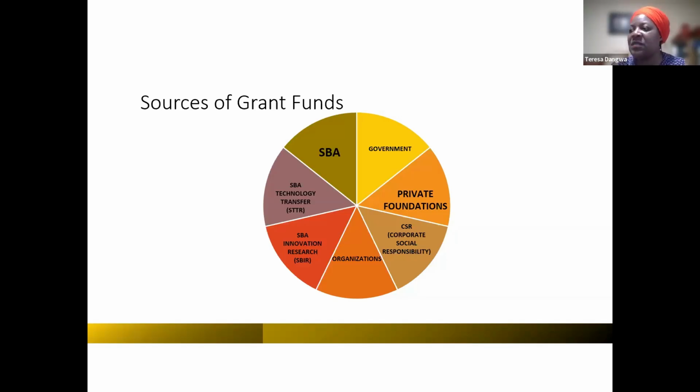And then corporate social responsibility funders are usually companies that are within your community. Either they are serving in your community or they are based in your community, and they want to partner with your entity in their effort of showing social responsibility.